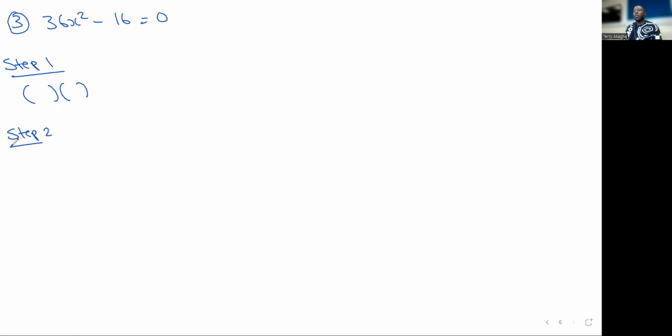Step 2. The next thing, you find the square root of the first term, 36x squared, okay? And that will give you 6x. Please go back to the laws of indices. I've discussed this before. I told you a raised to power m, b raised to power n, all raised to power x is equal to a raised to power mx and b raised to power what? nx.